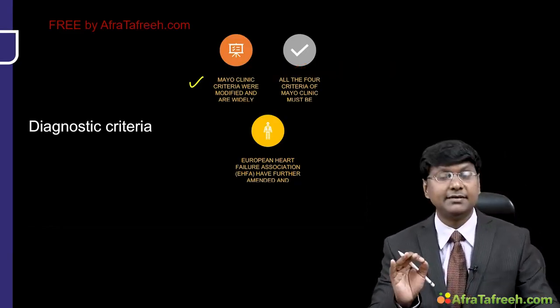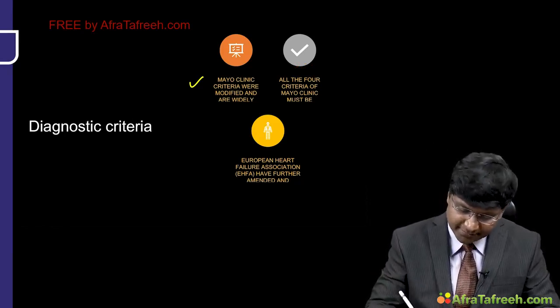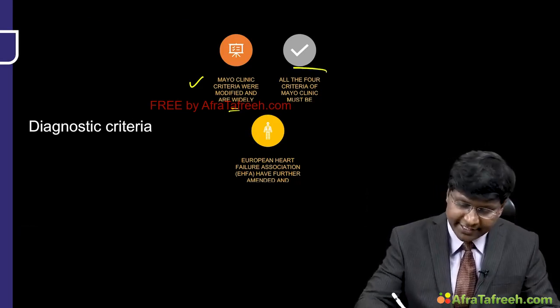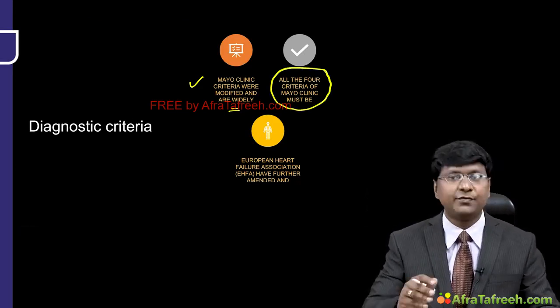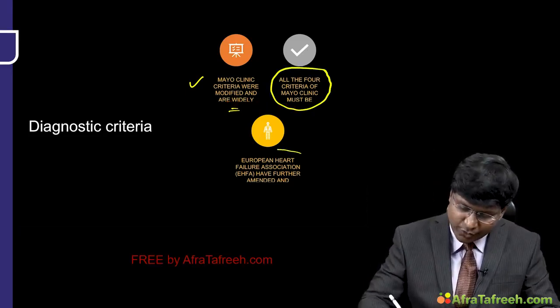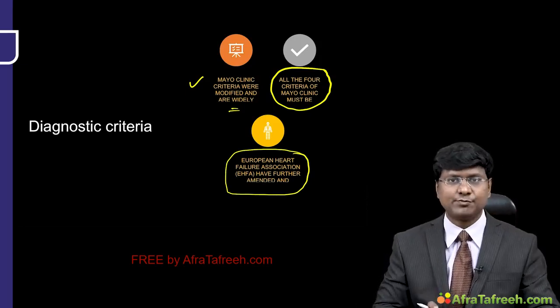One is the Mayo Clinic criteria, where all 4 criteria should be present for diagnosing Takotsubo cardiomyopathy. And next is the European Heart Failure Association criteria. We will discuss both of them.